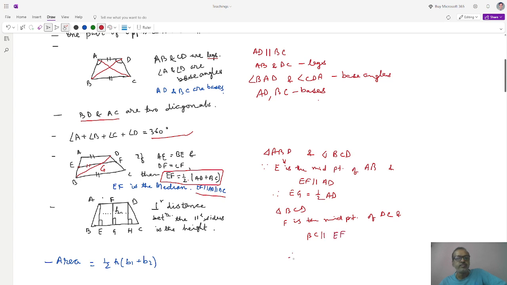Therefore, FG equals half of BC. This is equation number 1 and this is equation number 2.